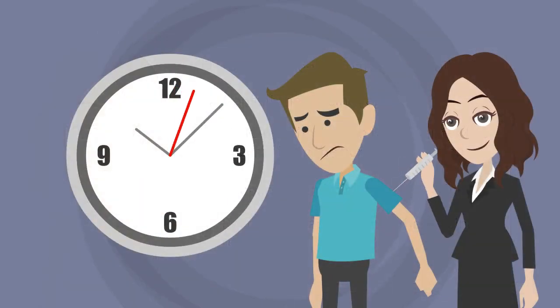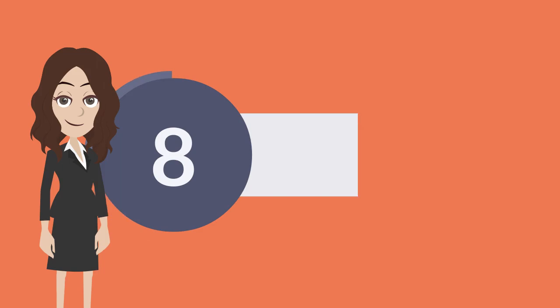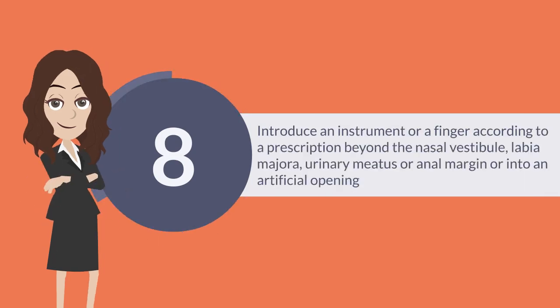When a nurse and an LPN are working together, the nurse is obligated to assess the patient prior to the administration of the vaccine. The time period between the assessment and the administration of the vaccine should not exceed 2 hours.